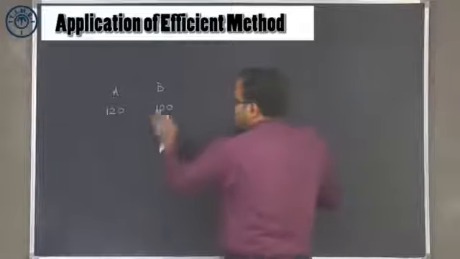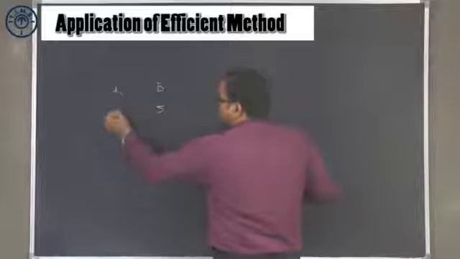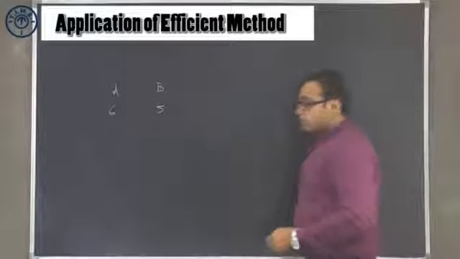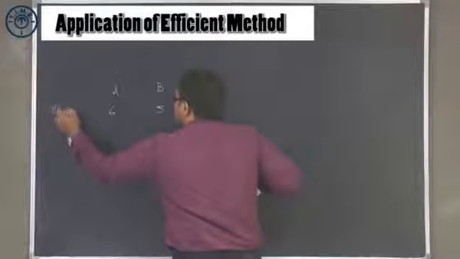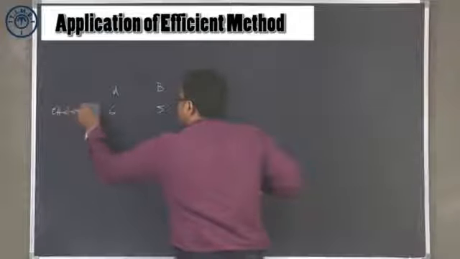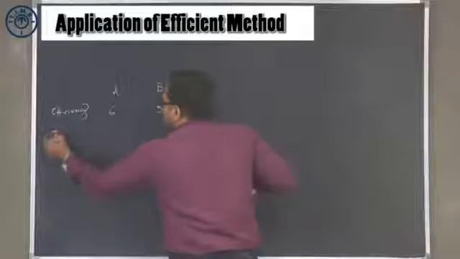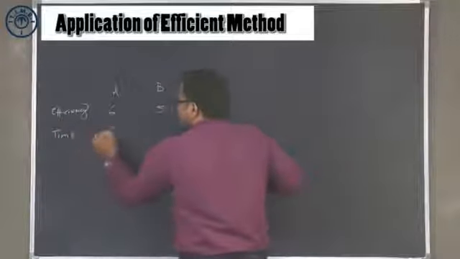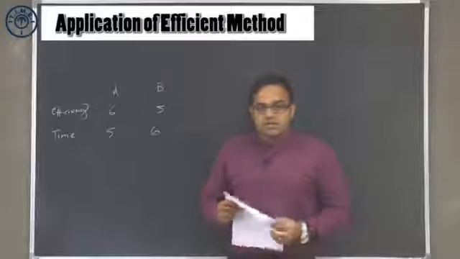Or alternately, this is 5, this is 6. So 25 is 100, 30 is 120. So 6:5 is the ratio of their efficiency. If 6:5 is the ratio of their efficiency, the ratio of their time taken will be 5:6.